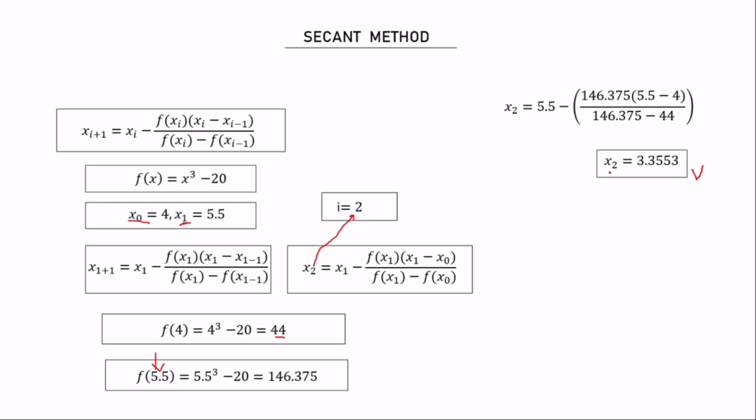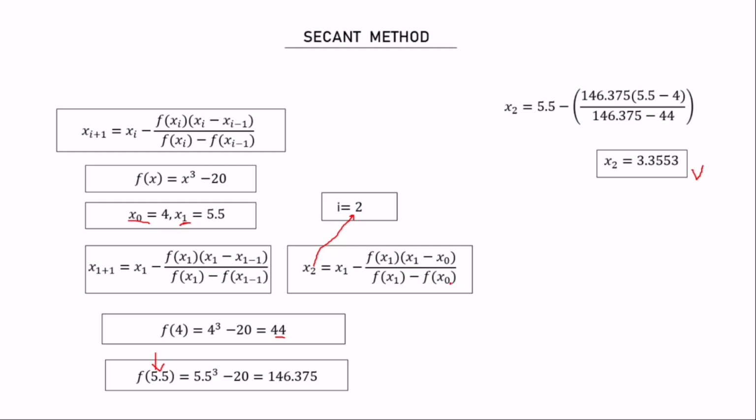So x_(2+1) is equal to x2 minus the function value of x2, bracket open, x2 minus x_(2-1), which gives you x1, all over the function value of x2 minus the function value of x1.